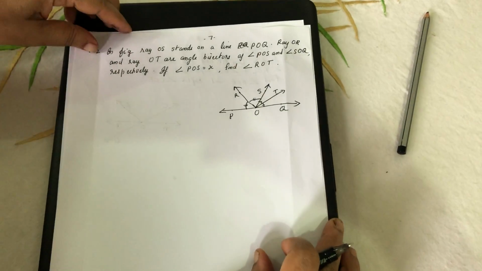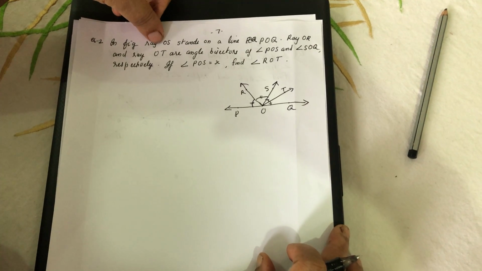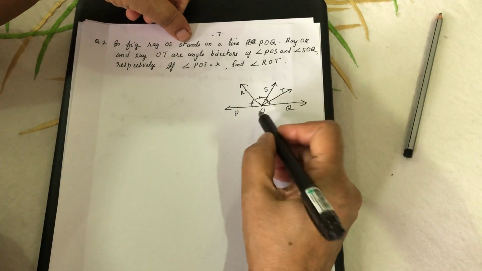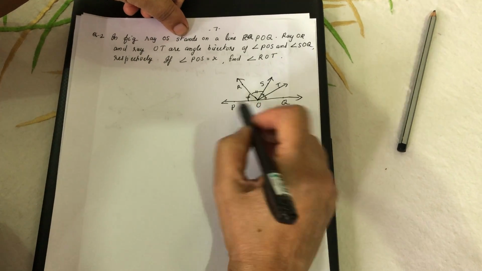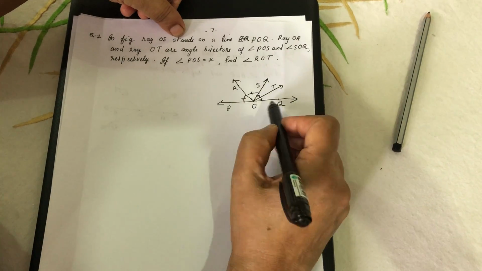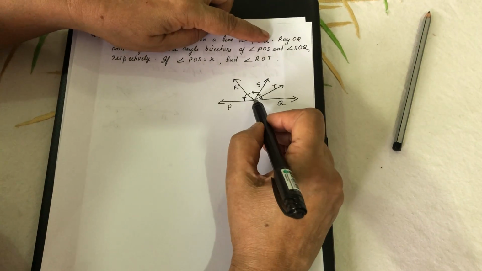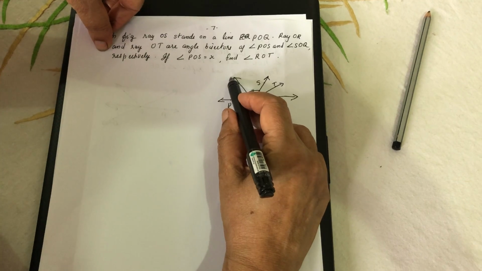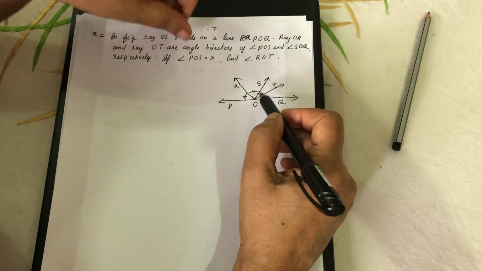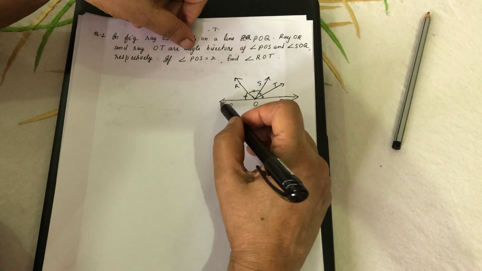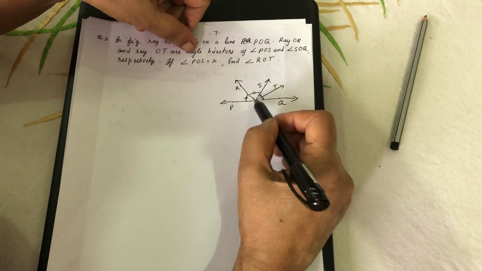Second question. In the figure, ray OS stands on the line POQ. Rays OR and OT are the angle bisectors of POS and SOQ.